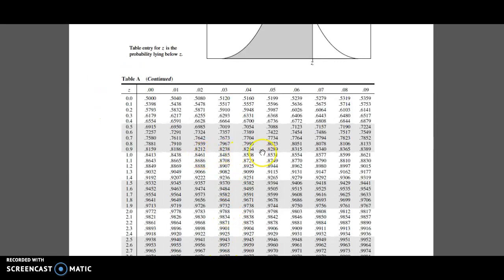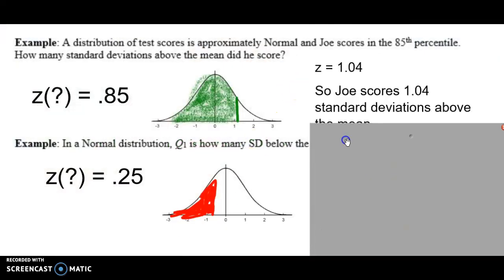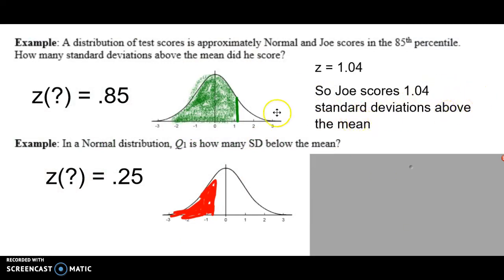So we have to go somewhere around here, basically in between these two, which would be 1.03 or 1.04. We'll go with 1.04, since it's 0.8508. So we say that Joe scores 1.04 standard deviations above the mean if he's at the 85th percentile.